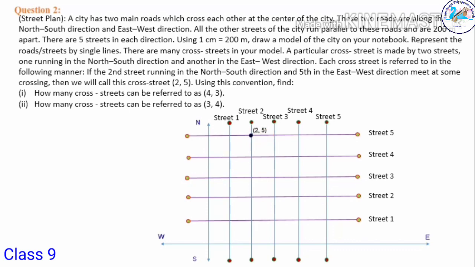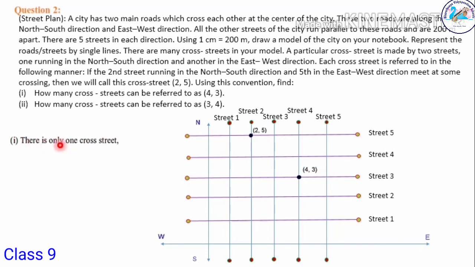Here, by using this convention, we are asked to find out how many cross streets can be referred to as 4-3. We have to first locate the position of 4-3, meaning street number 4 in the north-south and street number 3 in the east-west. They are meeting at this point, only one point, that is 4-3.